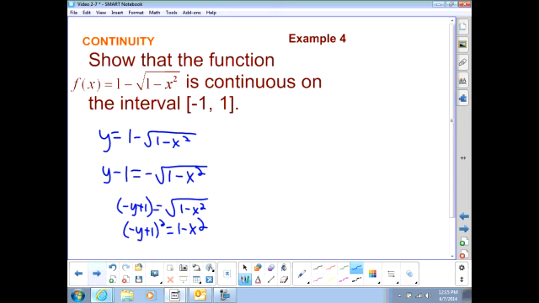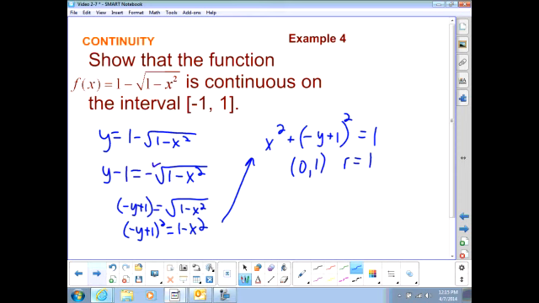And if you added the x squared over, we now have x squared plus (negative y plus 1) squared equals 1. What this is, is a circle whose center is (0, 1) and has a radius of 1. Now, because we were dealing with the negative square root back here, it's just the bottom half of that circle.